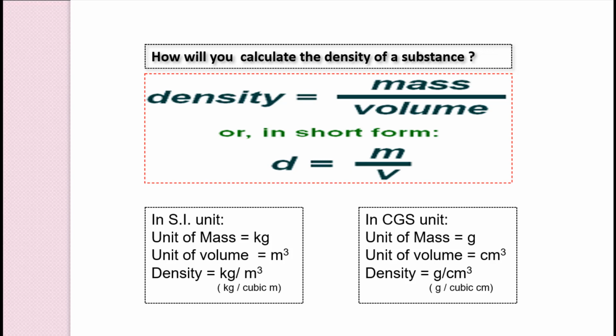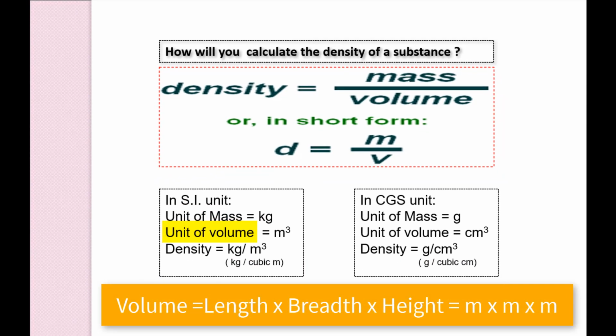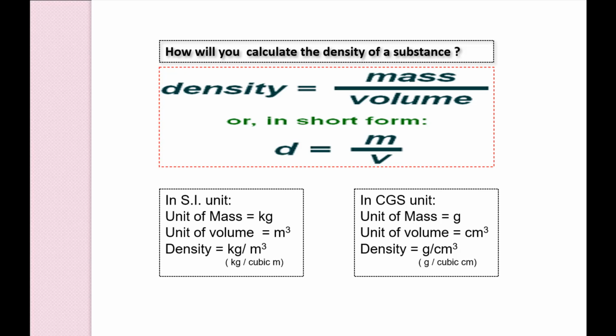The unit of mass in the SI system is kilogram, while the unit of volume, that is length into breadth into height, is equal to meter multiplied by meter multiplied by meter. So it is cubic meter or meter cube. Therefore, density in SI unit is kilogram per cubic meter or kilogram per meter cube.